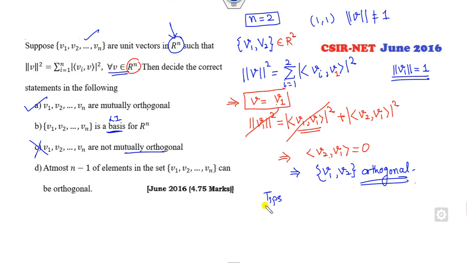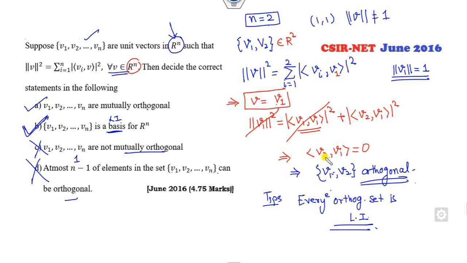Again, I can use the same shortcut: every orthogonal set is linearly independent. He said at most one of the elements can be orthogonal, which is a wrong option. All are an orthogonal set. So the right answers are A and B.